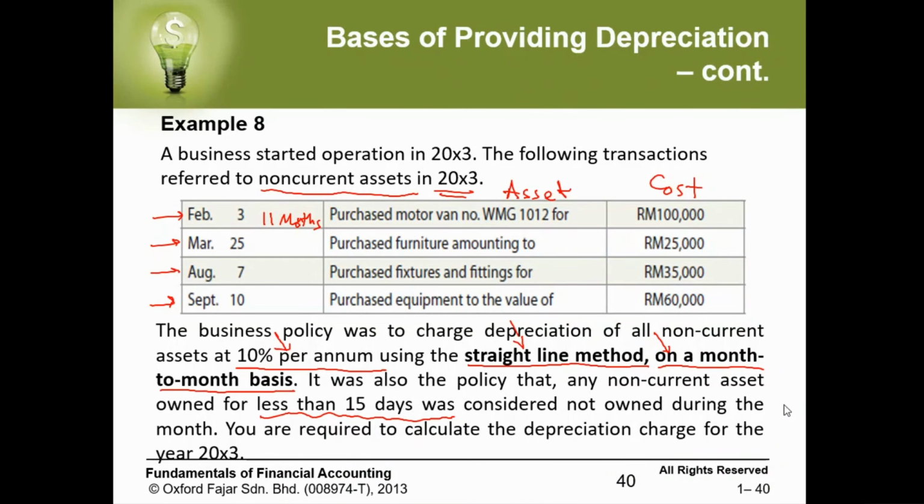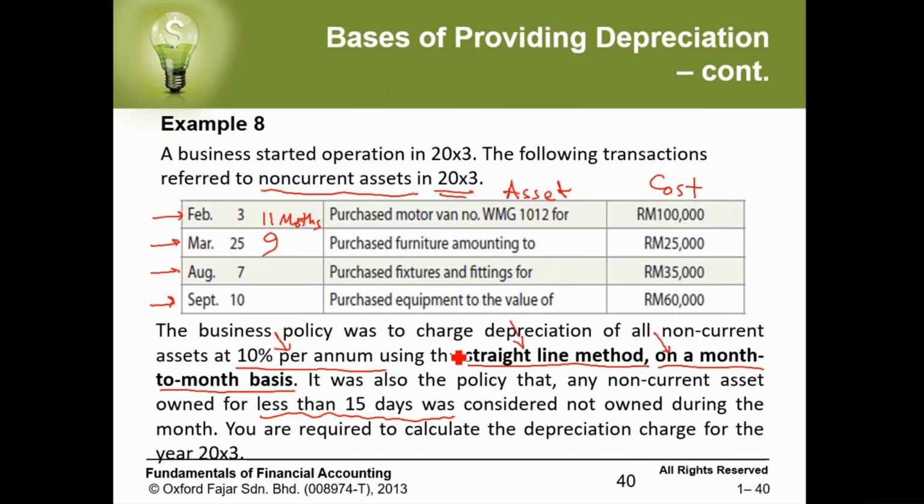So our asset was acquired on the 25th of March, so March is not counted. We have April, May, June, July, August, September, October, November, and December. So we have 9 months.